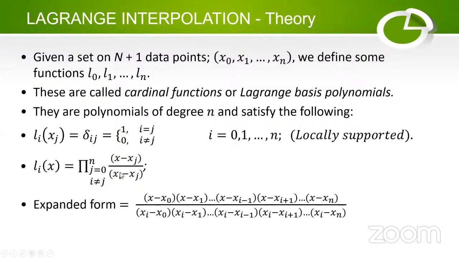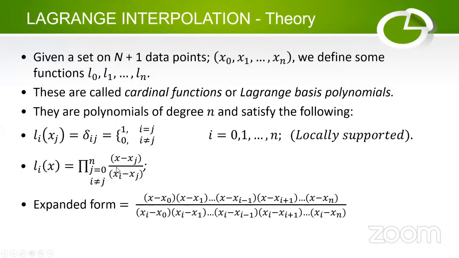The reason is this: if i equals j at any point, for instance at L0, then here it will become xj minus xj, which becomes 0. Therefore, our equation becomes undefined.